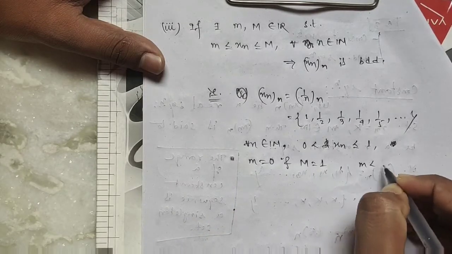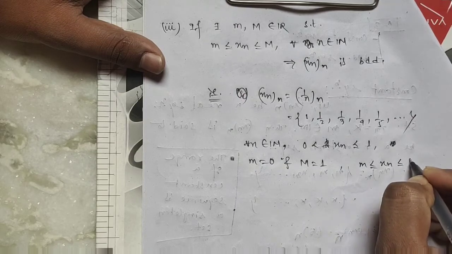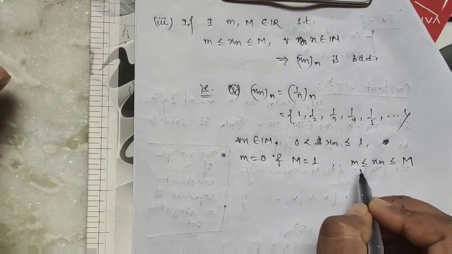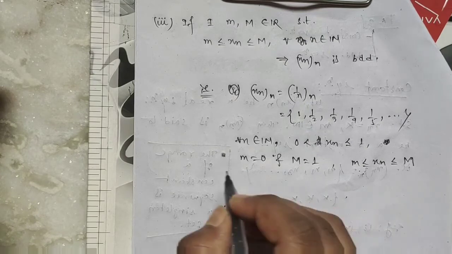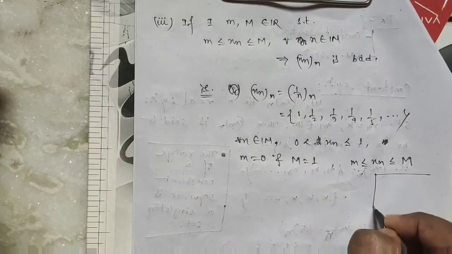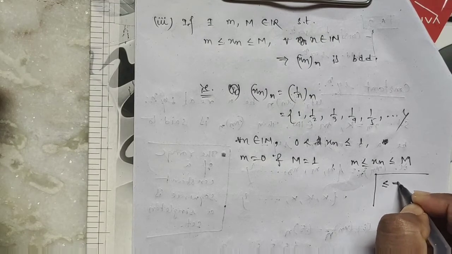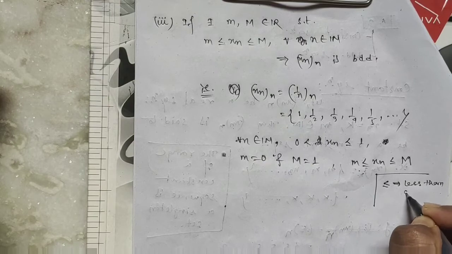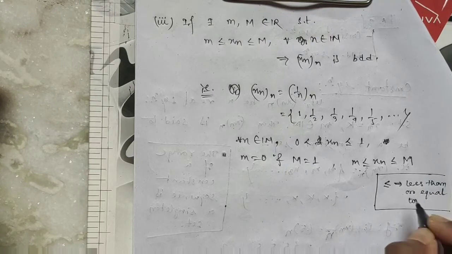then m less than xn less than or equal to capital M. Because less than or equal to means either less than or equal, any one condition can be held.